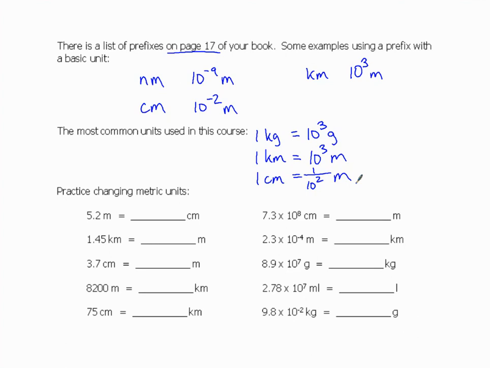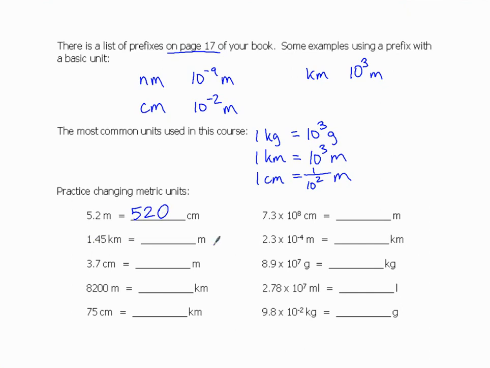Some practice changing metric units. 5.2 meters becoming centimeters. Look at this relationship. In 1 meter, there is 100 centimeters. So 5.2 times 100, that is 520 centimeters.